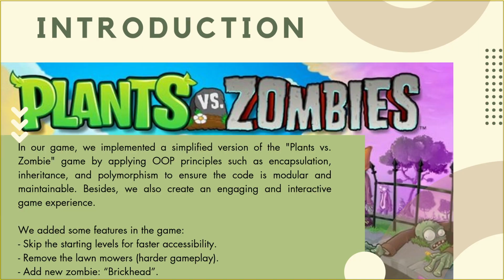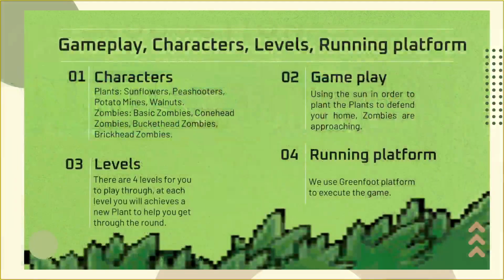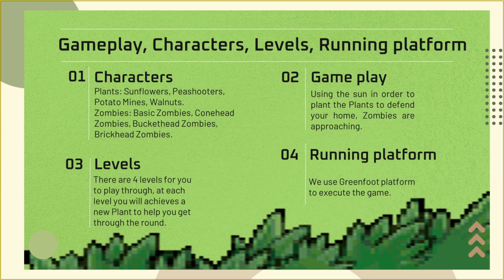Besides that, we also created a lot of interactive game experiences, which are suitable for all ages. The gameplay includes four main things: the first one is the characters, the second is the gameplay, the third is the levels, and the fourth is the running platform.